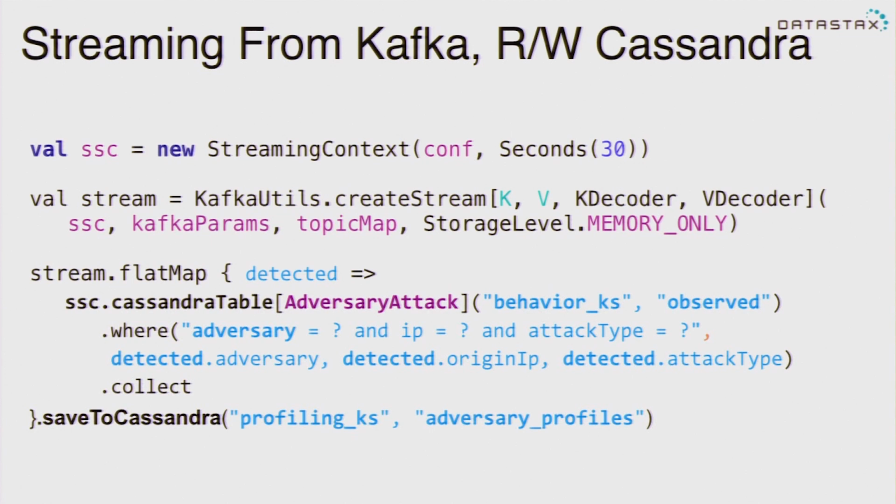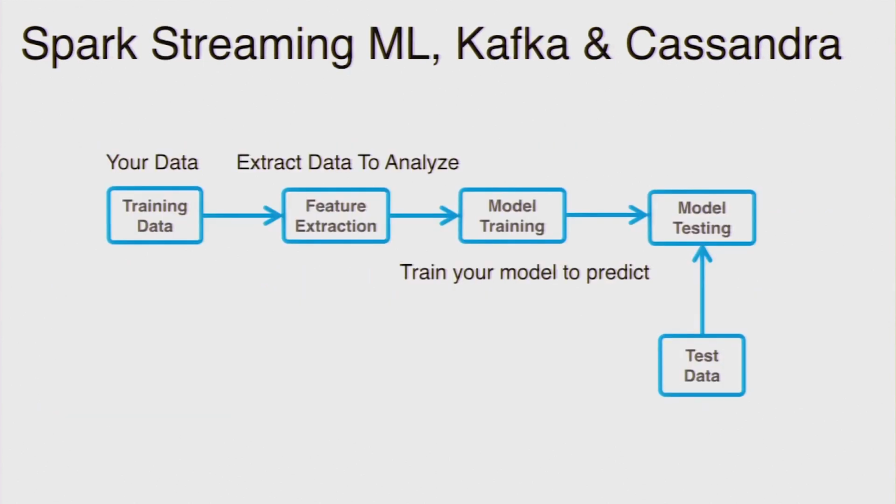Looking at the origin, some tag on the adversary name or something, and what kind of specific security attack type it is. Grab that data, and then probably there'd be a lot more processing of that, and eventually save some of this profiling to my adversary profiles table. Simple, right?